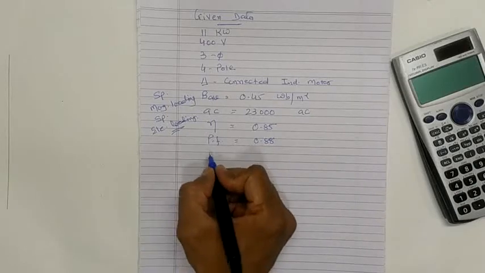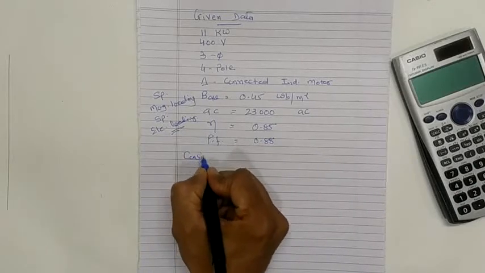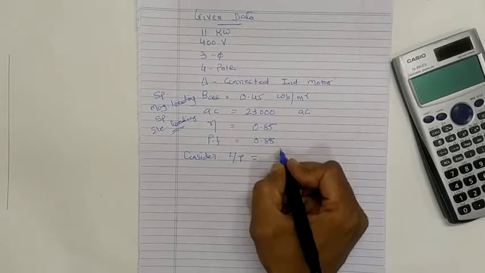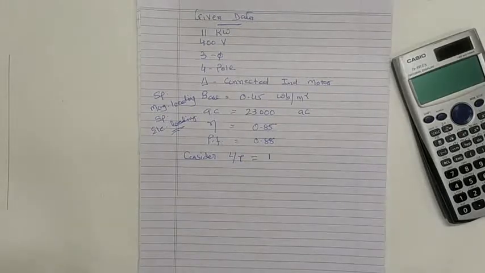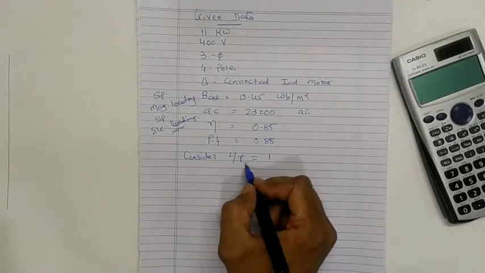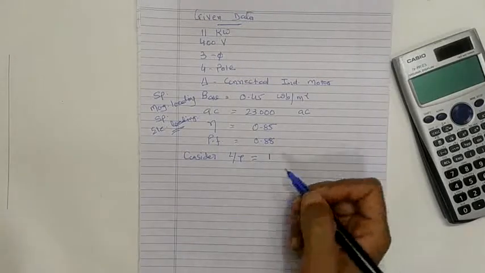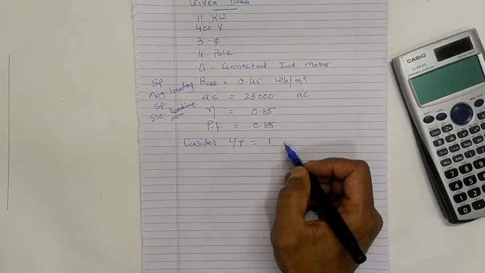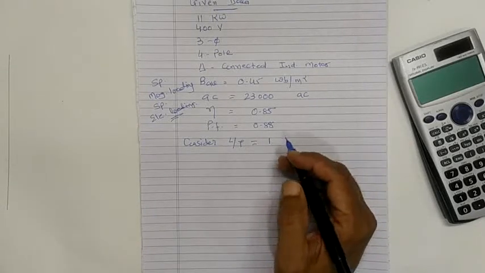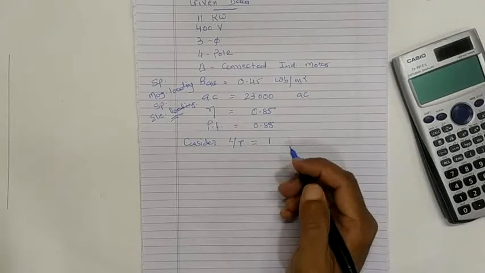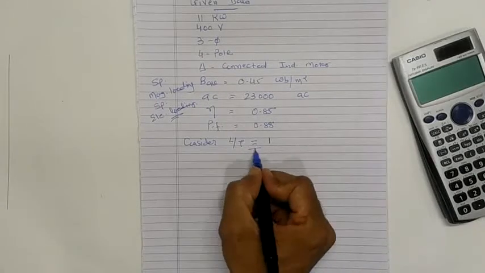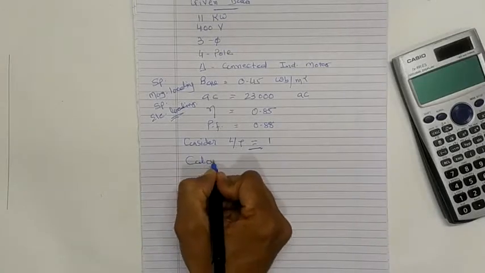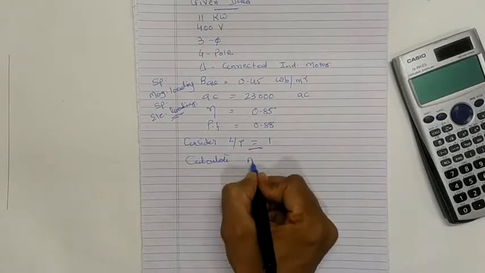Suppose we consider L by tau ratio equal to 1. Sometimes this data is given, sometimes we have to assume. Suppose for good overall design, we have to consider this ratio as 1. Now calculate the main dimension.